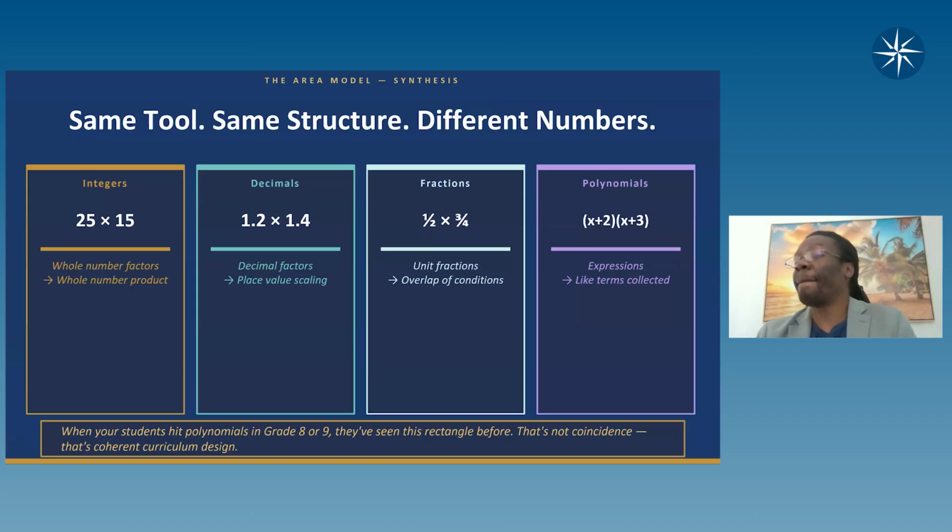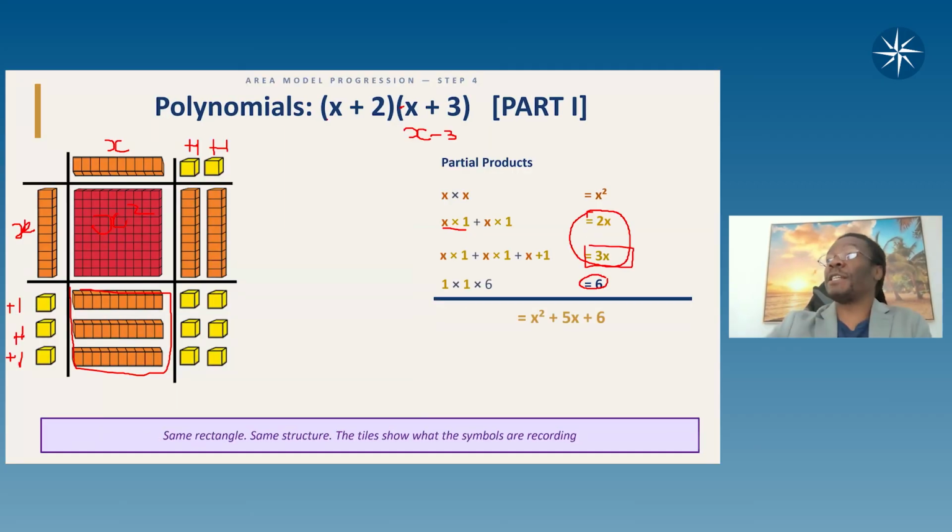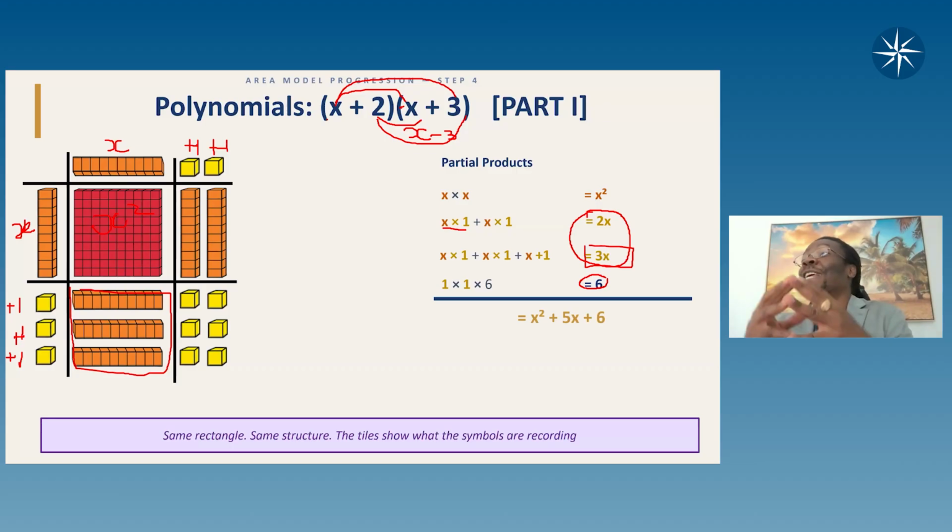So any questions on that? This is powerful. This is powerful before we get to FOIL, because what we usually tell them is to FOIL. First in, last out. But what does FOIL really mean? Right? What does it mean? FOIL is partial products. And if we could get them to understand that it's actual partial products, rather than just FOIL is just the name of something.